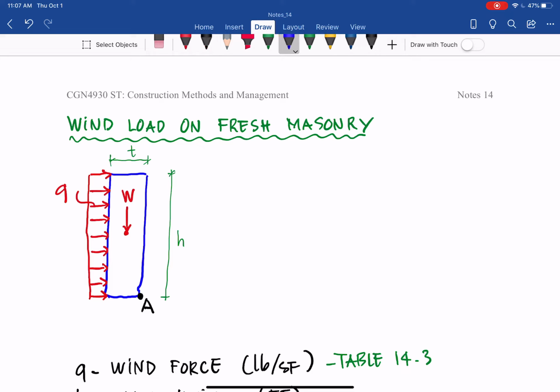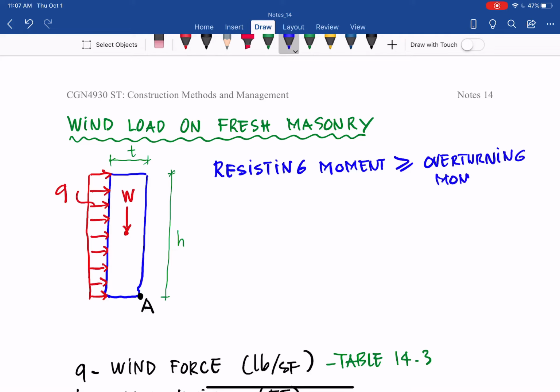So the bottom line, to maintain safety, the resisting moment, which is the weight of the wall moment, has to be greater than or equal to the overturning moment due to the wind.